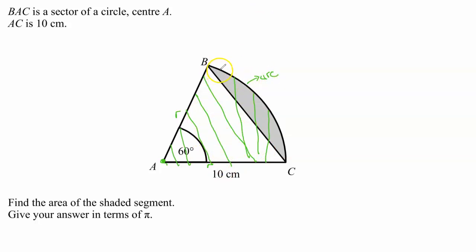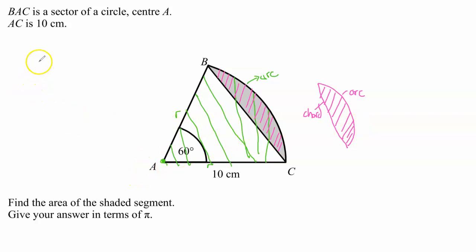Okay, so we also see that this shaded region from the initial diagram is the segment, because from the last video I defined the segment as a portion within a circle that's bounded by a chord and an arc. So this is the shaded region the question is asking us to obtain its area.